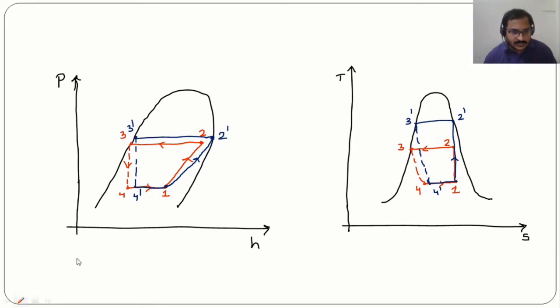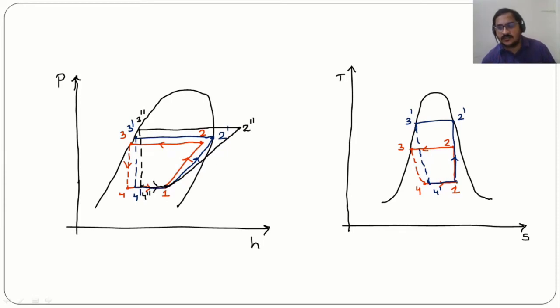Now let us draw the third case. So the third case is superheated refrigerant should come out. So if superheated refrigerant has to come out, then it will be like this, 1 to 2 double dash, let us say 2 double dash to 3 double dash, 3 double dash to 4 double dash, and 4 double dash to 1.